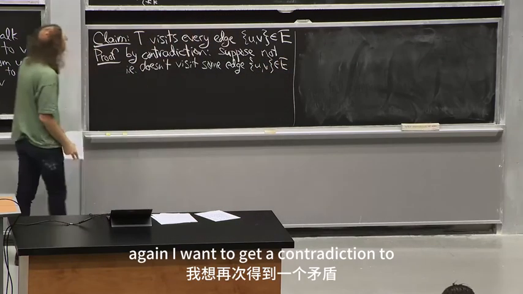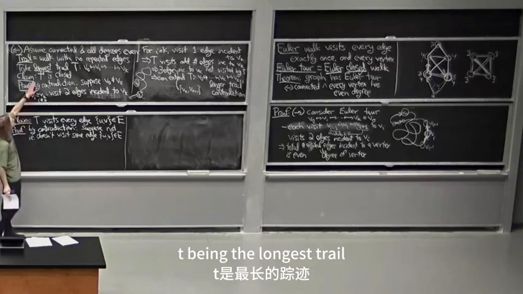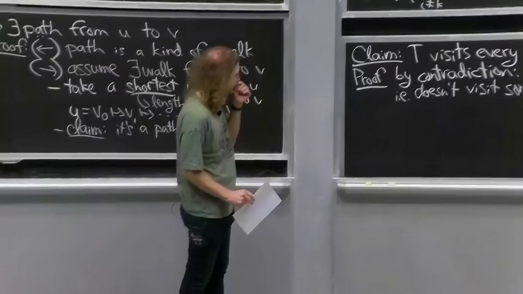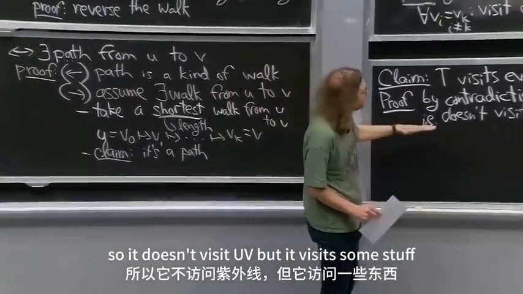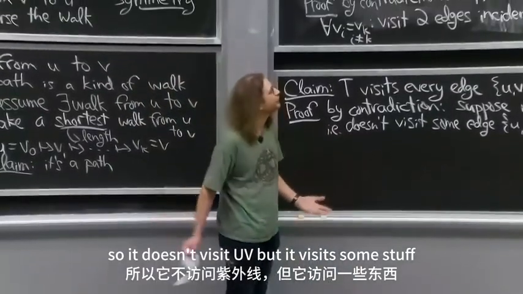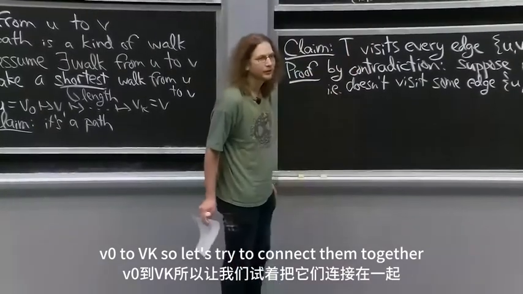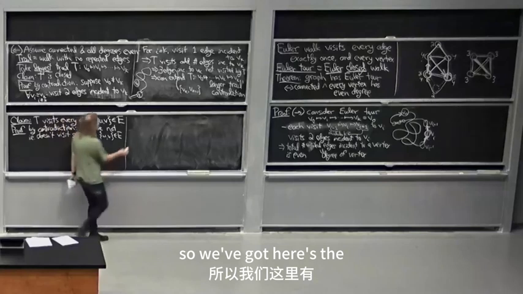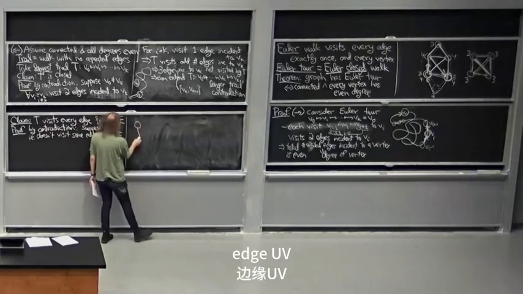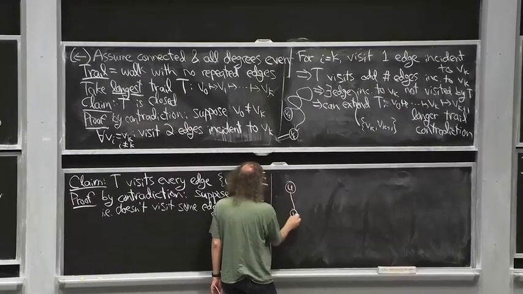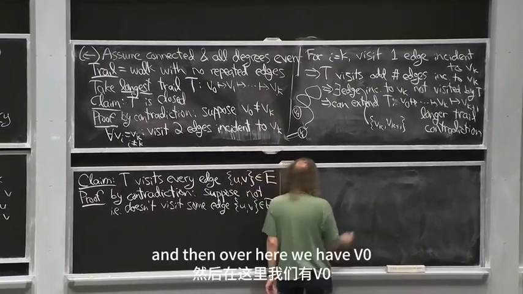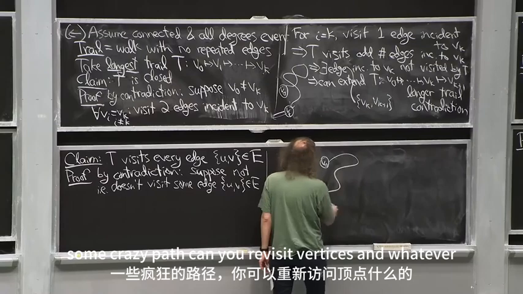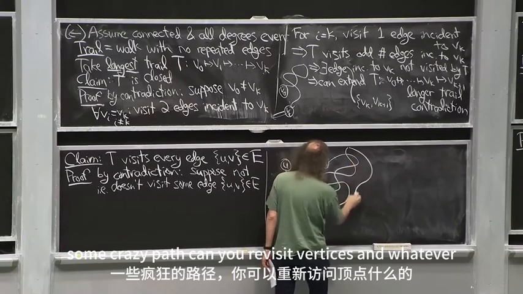Okay, again, I want to get a contradiction to T being the longest trail. So I'm going to somehow try to make T longer. So it doesn't visit UV, but it visits some stuff, V0 to Vk. So let's try to connect them together. Right, so here's the edge UV that's not covered. And then over here, we have V0, some crazy path, can revisit vertices and whatever.